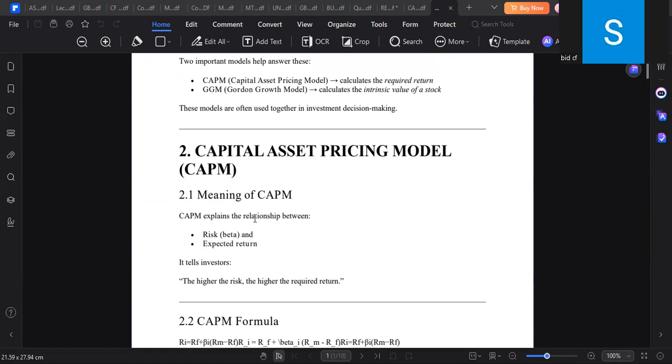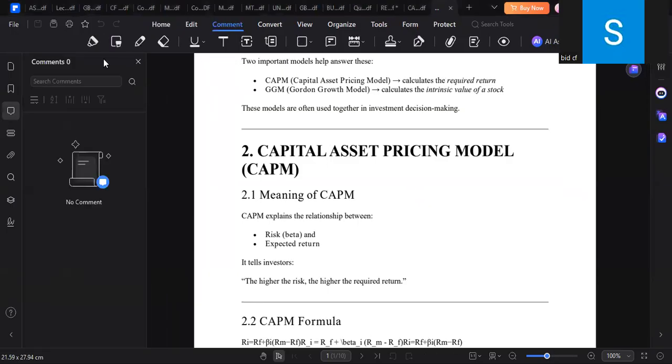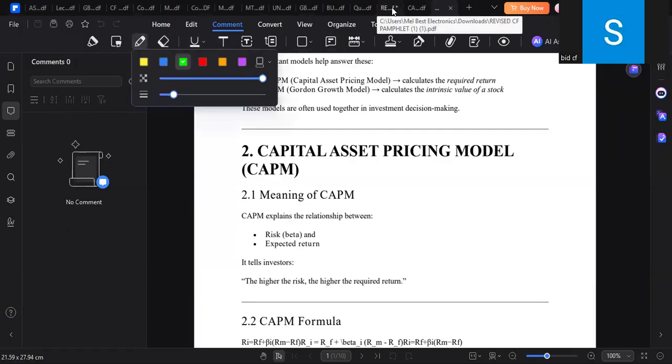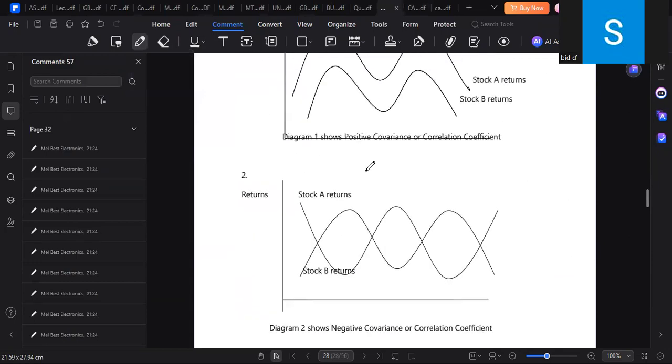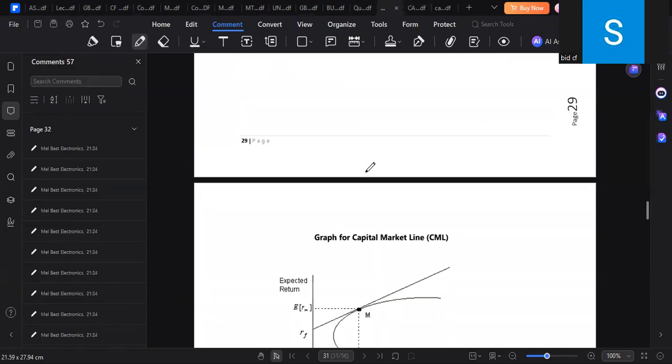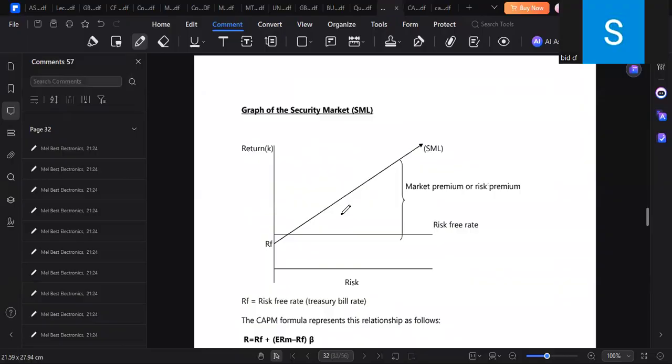What is this model? The CAPM model is simply a model that explains the relationship between beta and expected return. It actually tells investors that the higher the risk, the higher the what? The required rate of return. To explain this, there's what we call the CML line, which looks something like this.